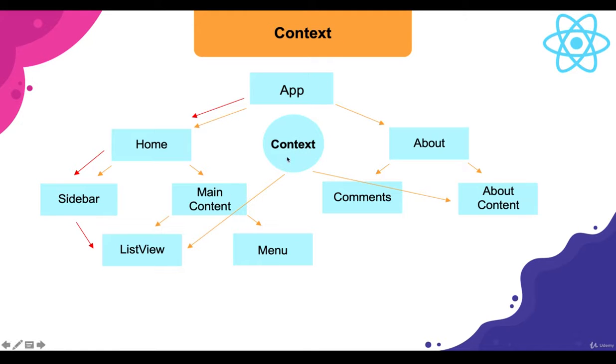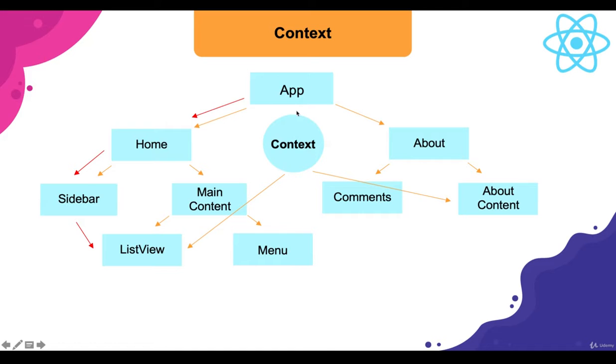Then when we create a context, we have to provide it to our component tree so that the components in that tree can actually access it and get the data that's inside of it. For that, we are going to use the context provider, which is just a React tag, and it wraps whichever components need to access this state data.